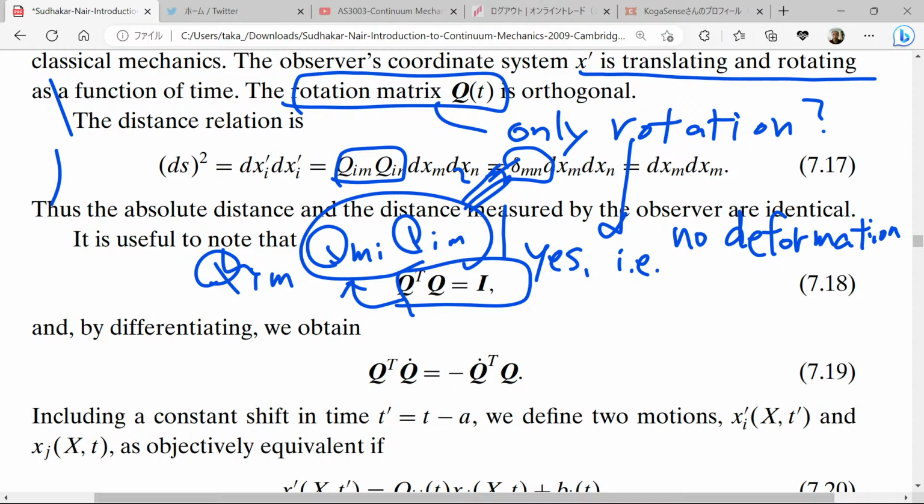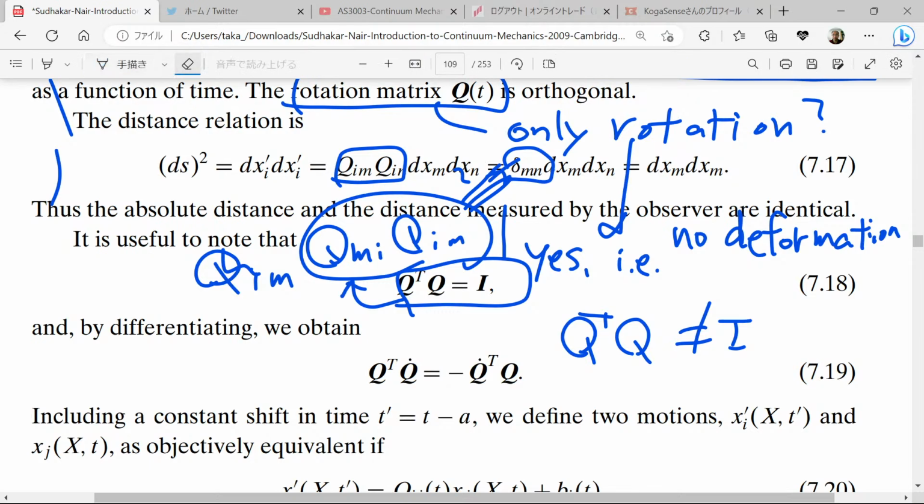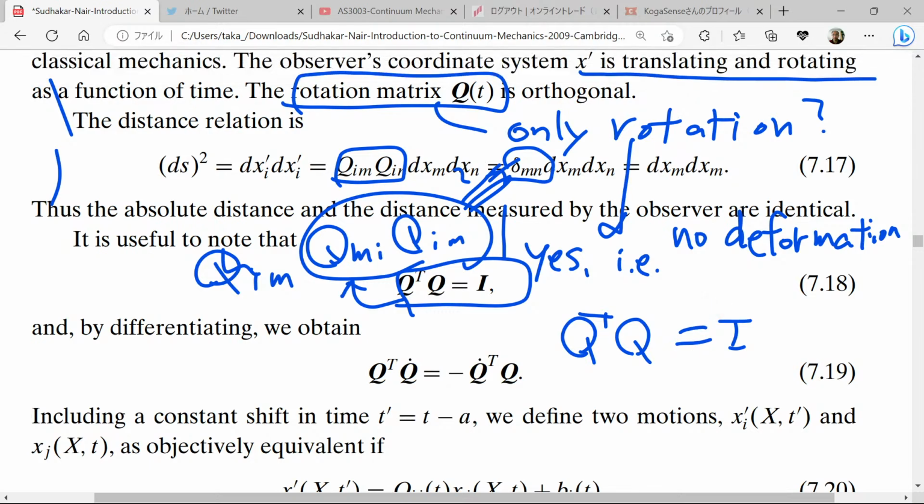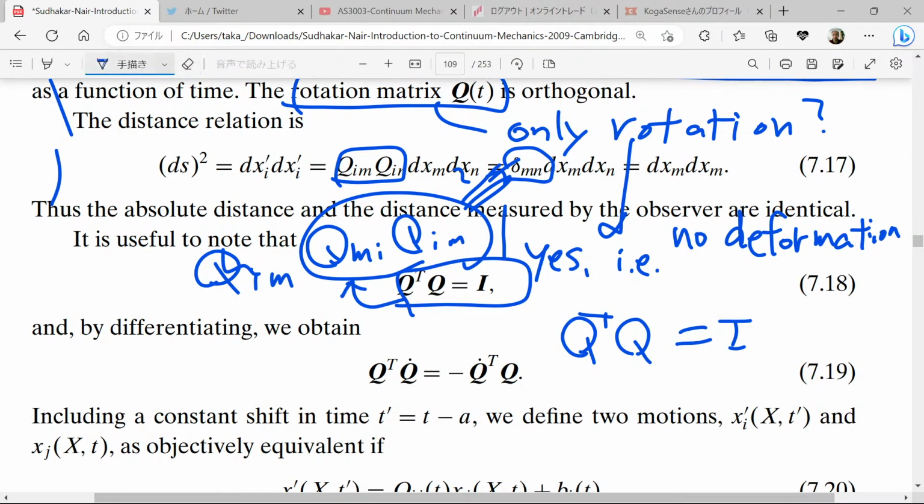And by differentiation, we obtain Q dot. Q transpose Q is a constant identity matrix.